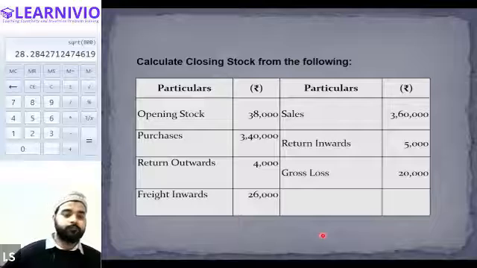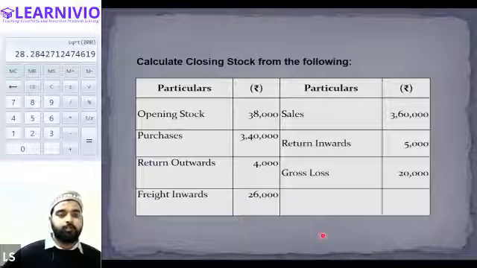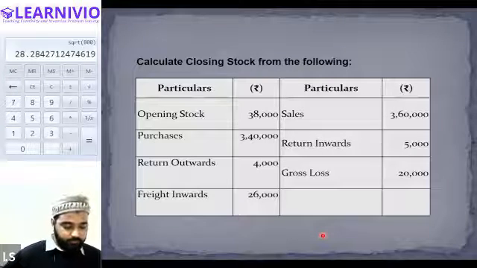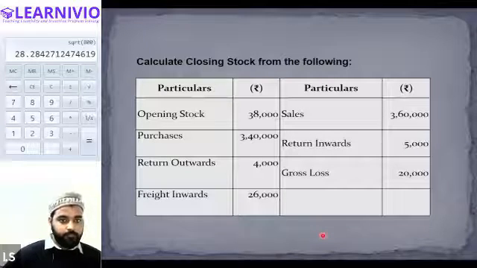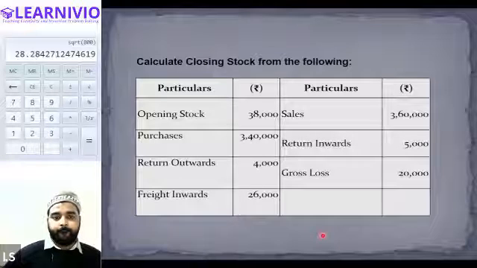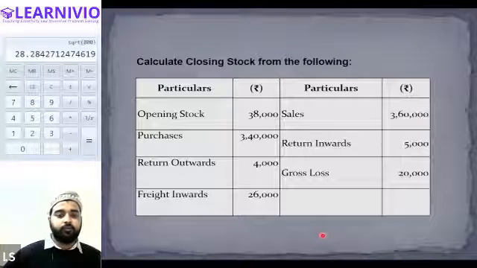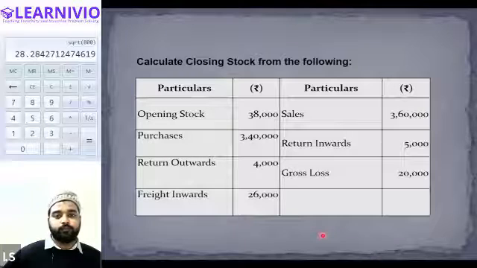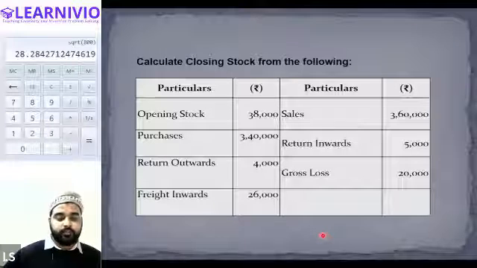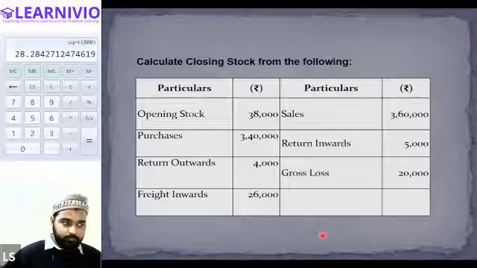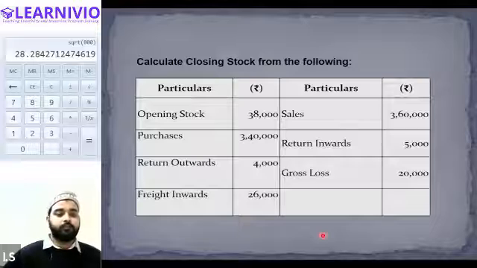Ahmad? For closing stock or gross profit? No, I'm asking what is the cost of goods sold in this question. The cost of goods sold will be 3,75,000. Yes, that is correct.